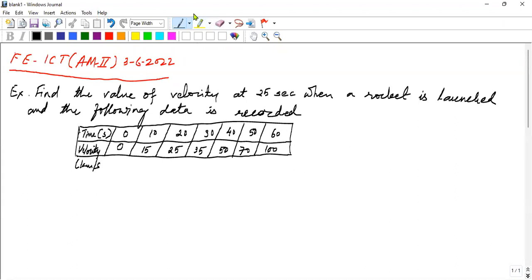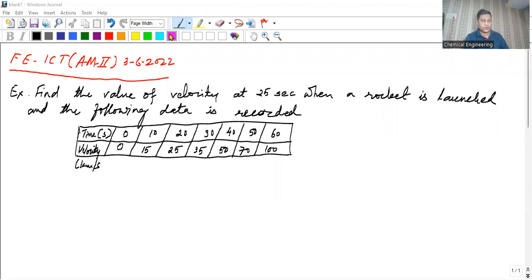Okay, so you got this data. Have you got this data?